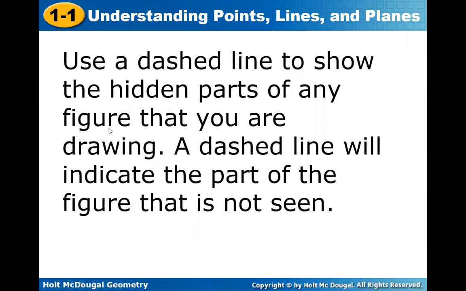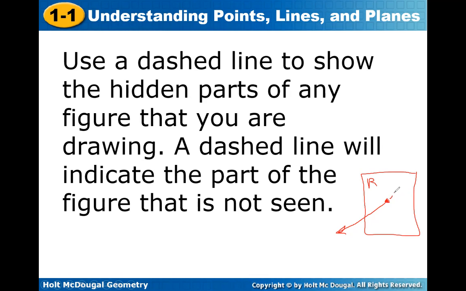So using a dashed line to show hidden parts, I demonstrated this earlier, but say I have a plane like so. Let's call this plane R. And I have a line intersecting through the plane. Well, the front side is going to have that line, and I'm going to put that point of intersection on there.